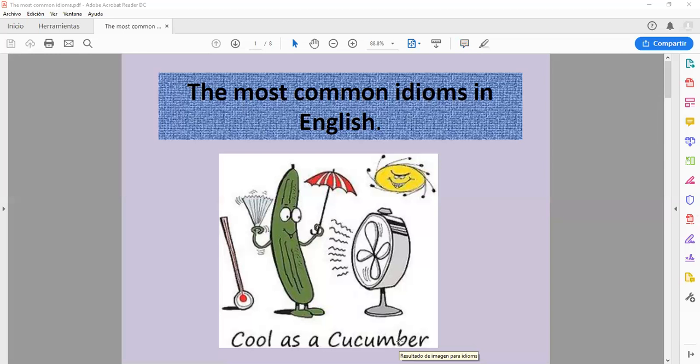For example, for the Americans Spanish is difficult because the vocabulary is very difficult for them. Okay, thank you very much.